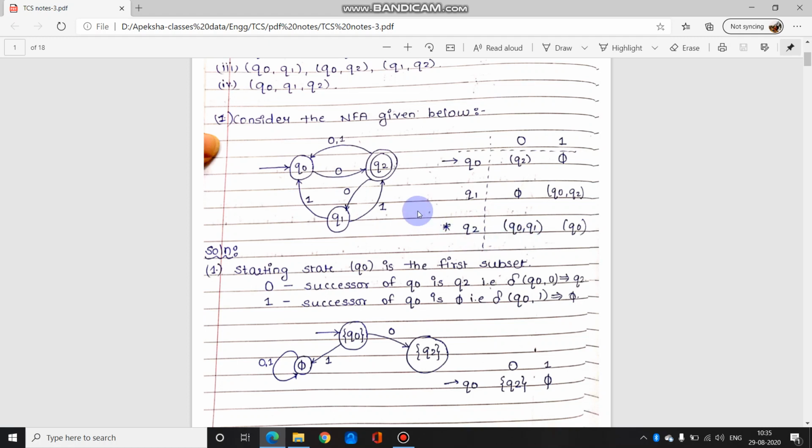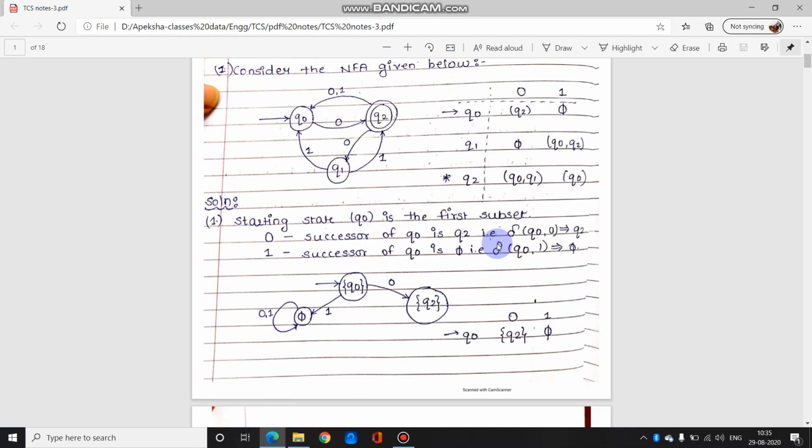Similarly, on arriving 1 in Q2 state, the machine will be in Q0 state. तो ये diagram से हमने ये transition table बनाया हुआ है. Now using this diagram, this transition table, one by one state or subsets we will process and make sure that we get the final DFA.